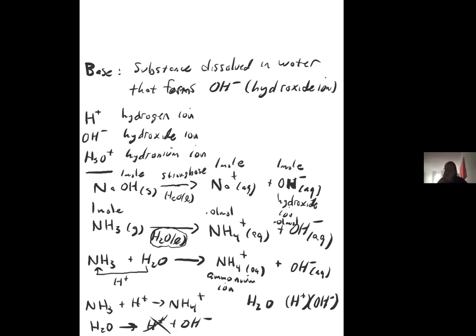Water's a pretty stable molecule. It doesn't generally break up, but you can make it break up by adding certain reagents to it. So if you add the ammonia to the water, it will react with the water. The water will essentially transfer an H plus to the ammonia. And in that process, the water is now converted into a hydroxide.